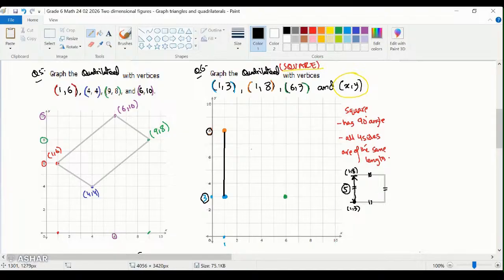Agreed? So the same way, let's look at the horizontal. They're saying it's a square. Then this should also be 5. This was 1 over here. This was 6. This was 6 comma 3. So what is the horizontal width? This is also 5. Agreed? Do we agree? Then this should be also 5 and this should also be 5. That means we move 5 boxes from here. 1, 2, 3, 4 and 5.